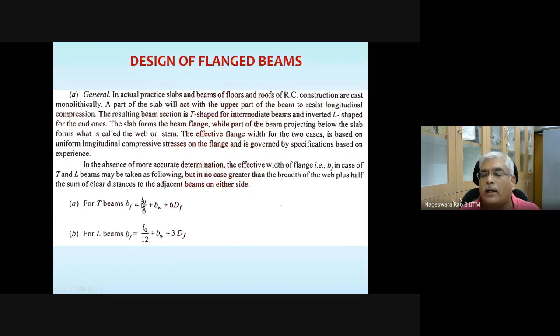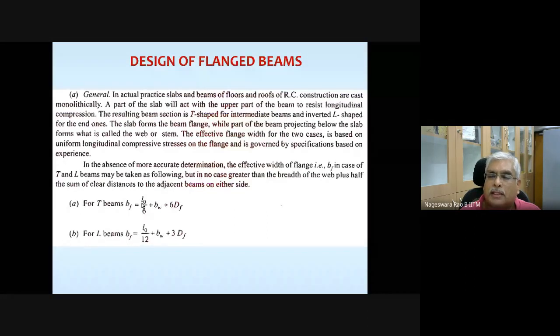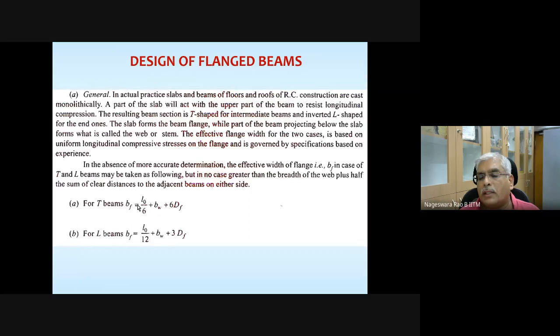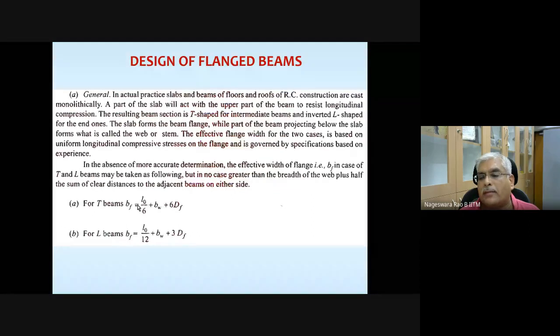And what about L naught? L naught is going to be fixed based on the boundary conditions. If it is a simply supported case, L naught is going to be the same as the distance between the supports. If the beam has fixed conditions, then L naught is going to be 0.7 times the effective span.